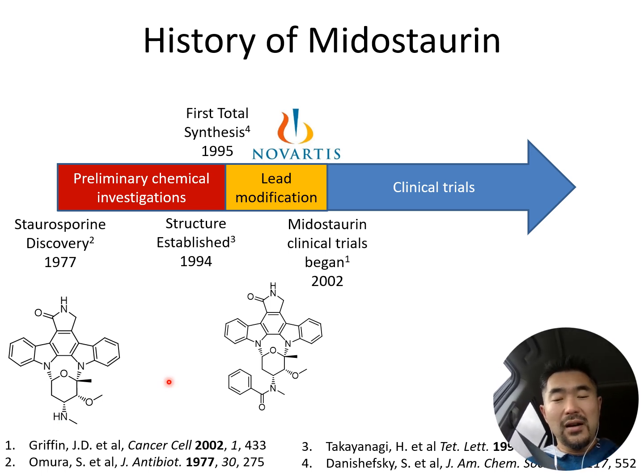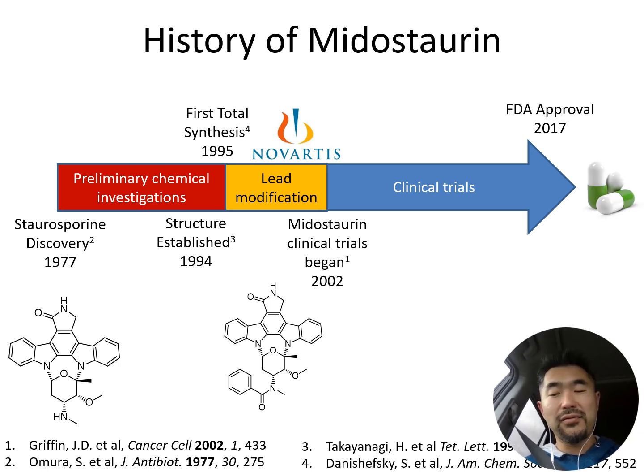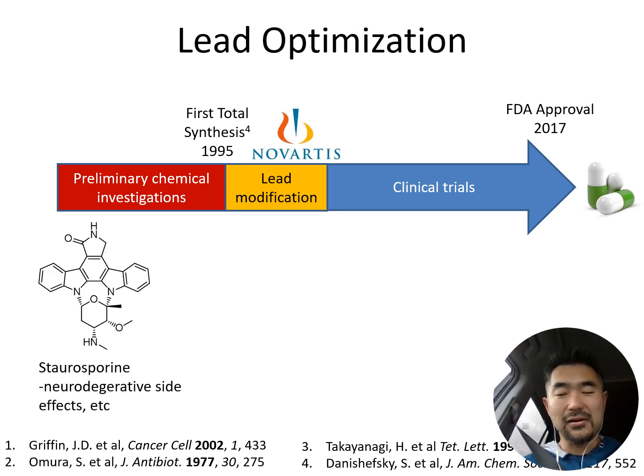They settled not on the parent compound, called staurosporine, but on this derivative, midostaurin, in 2002, and the clinical trials went on for 15 years, which may sound like a long time. I would say this is slightly longer than average, but it's not unusual. And finally, the FDA approval was given in 2017.